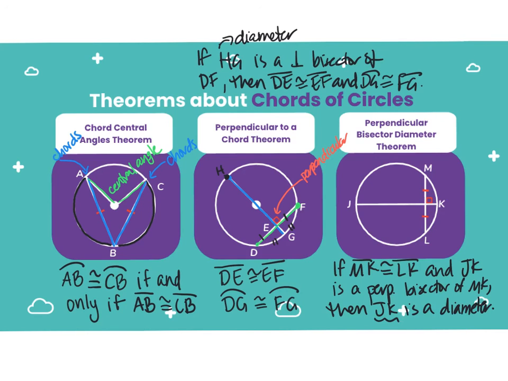So notice how our conclusion for the second one is that JK is the diameter. However, in the middle theorem, we had to start out by saying that HG is a diameter and the perpendicular bisector. So they're pretty much the same theorem, they've just been flipped.